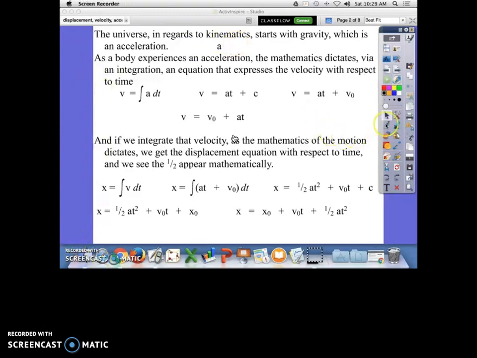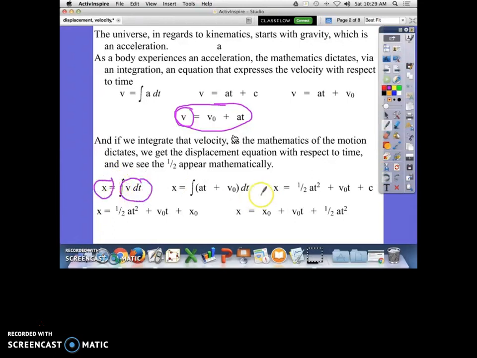Okay, we're back. So if I take this velocity part and I integrate it here to find the displacement.